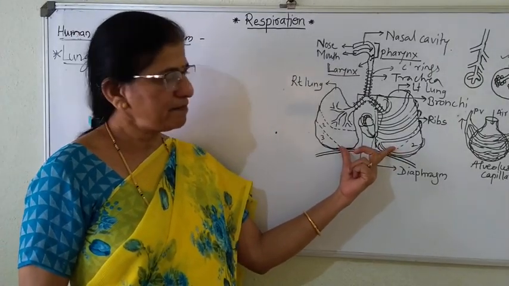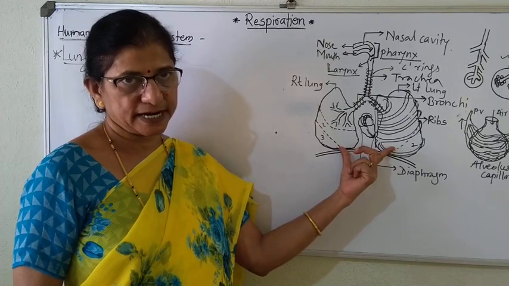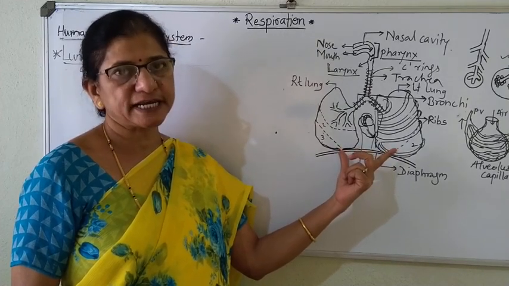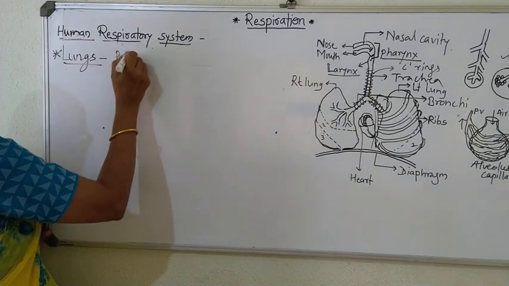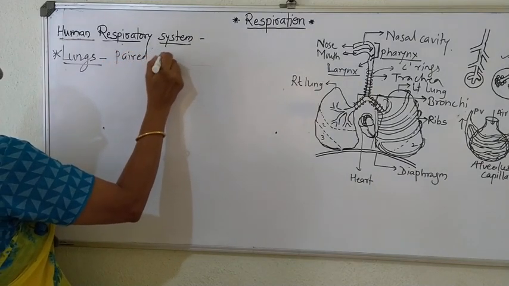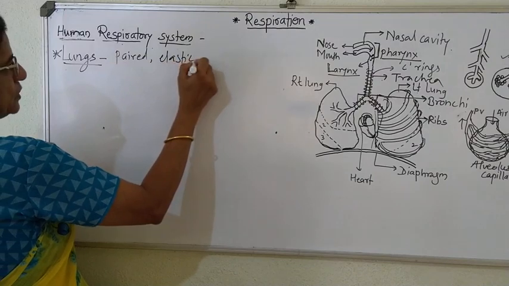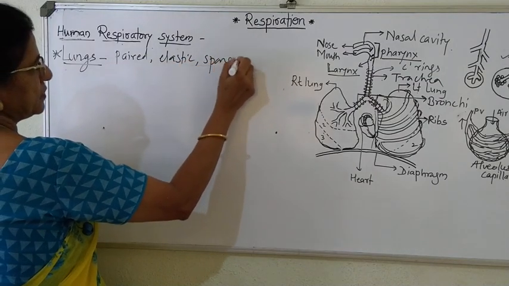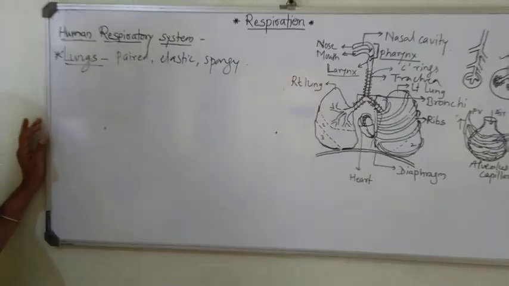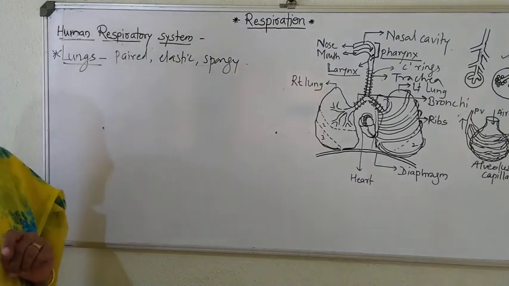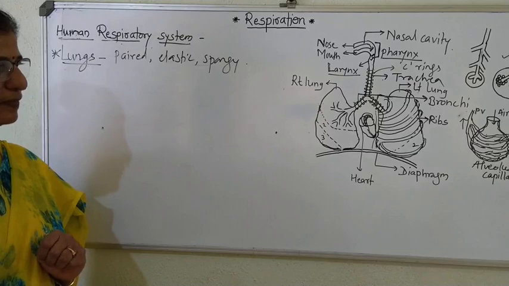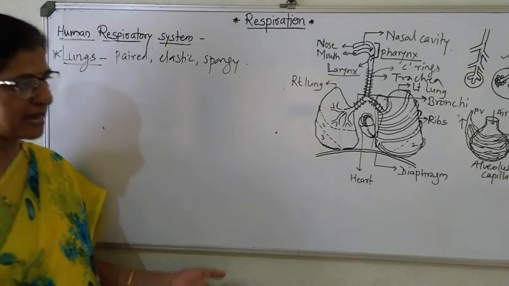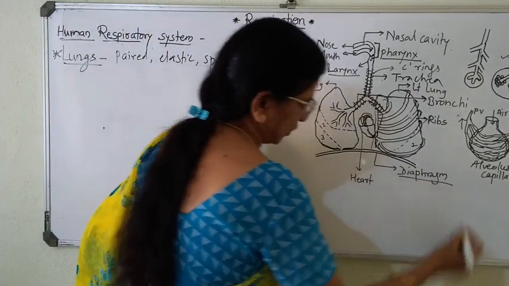These are paired, elastic, spongy in nature. They are present in the thoracic cavity, protected by the thoracic cage and applied with the diaphragm from below.